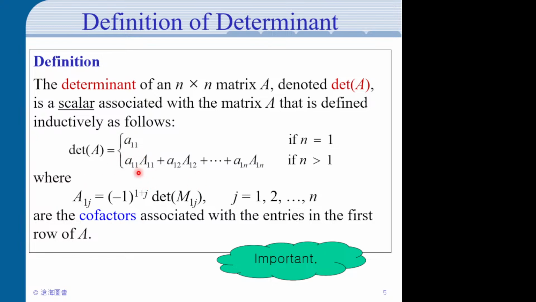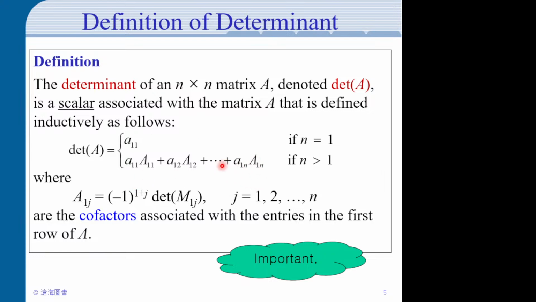Then you add them up together with this weird rule. You have small a1j multiplied by big A1j, where big A1j is minus 1 to the 1 plus j times the determinant of M1j. Why is this rule complete? Because it is a recursive rule.